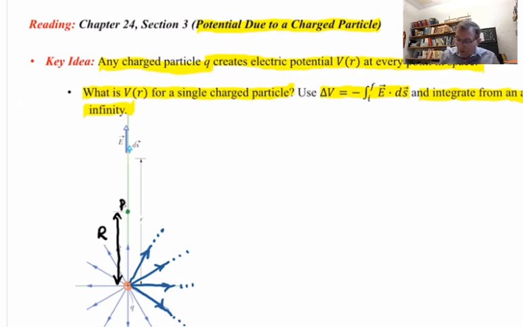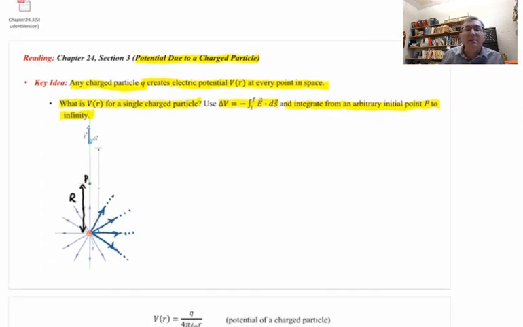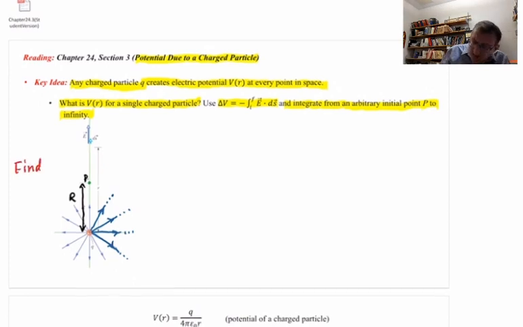And now let me show you how we use the line integral approach to find the formula. What I want to find, just so it's clear for everybody, is the electric potential V at that point P. Okay?